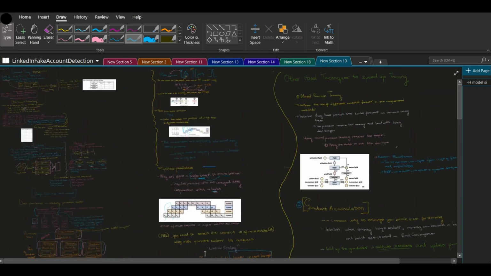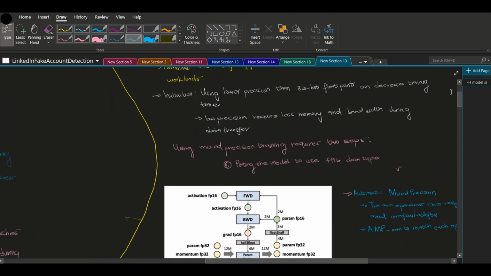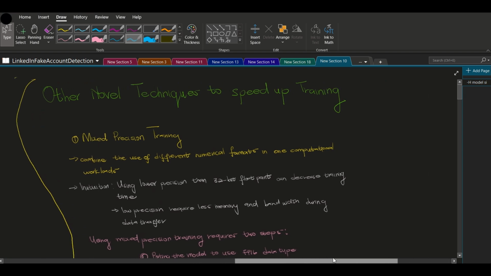Anyway, I want to get into some of the techniques. They are not necessarily the same as when we say we're splitting the data or splitting the models, but they still help us speed up the training a lot. So what are these techniques? The first one is mixed precision training. The intuition behind this is that we lower the precision of the model.